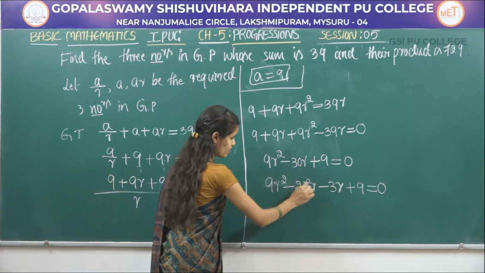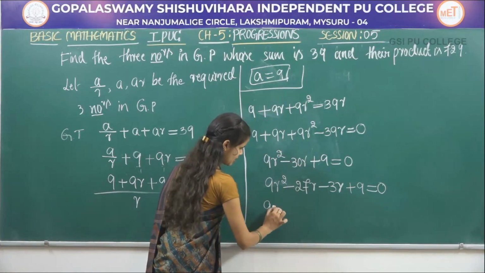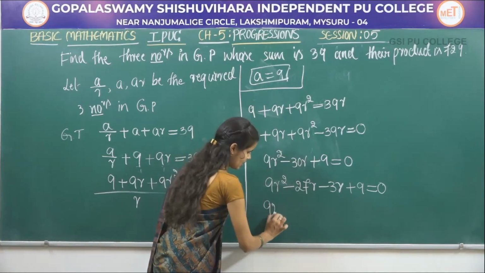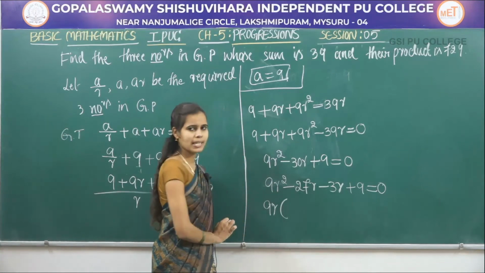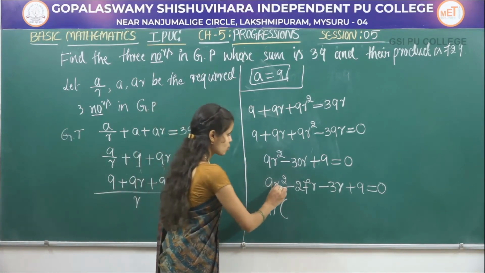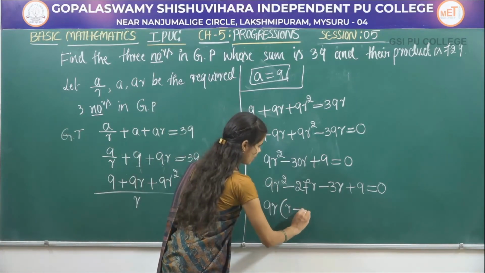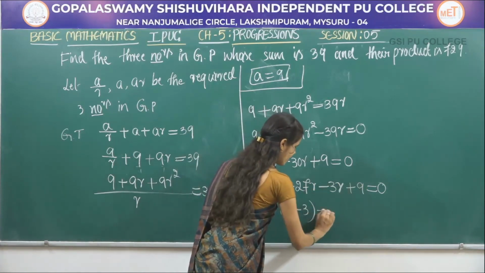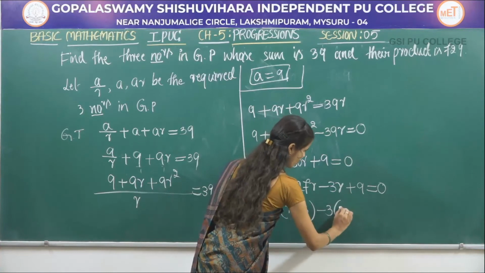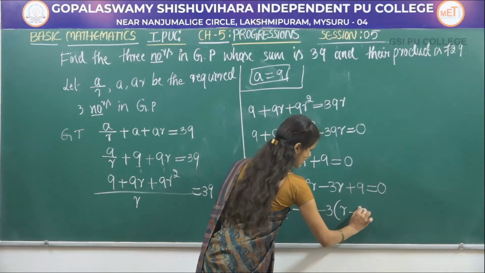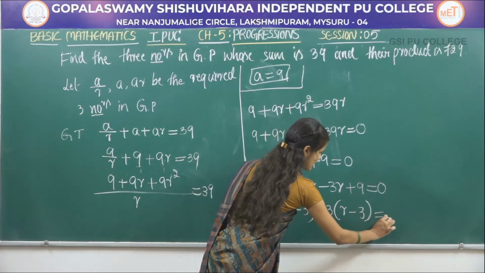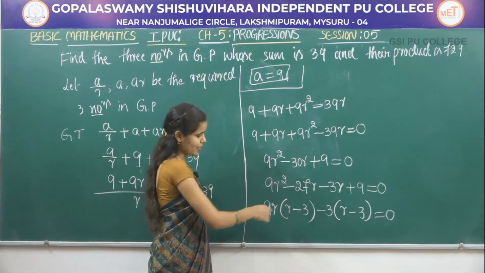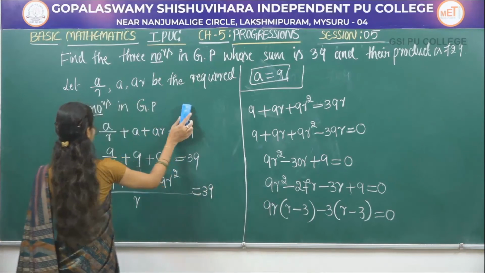In the first two terms take out 9r as the common term: 9 is common to 9 and 27, and r is common to r square and r. The remaining term here is r minus 3. In the next two terms take out minus 3 as the common term, and the remaining term is r minus 3 again. Now take out r minus 3 as the common term.